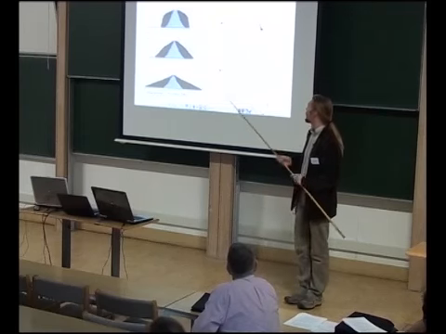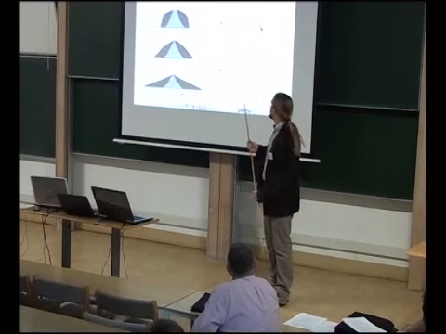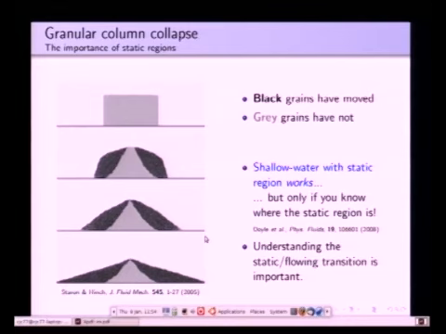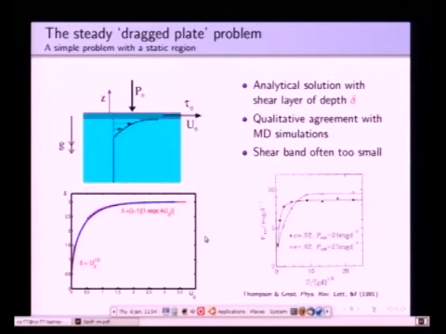Now, curiously, the shallow water models, if you apply them to something on this sort of topography, where you start with a static wedge and you say, well, let's have a shallow water flow over that, then that actually works quite well at predicting the runout, and that was done by Emma Doyle in Bristol. But of course, that's only if you know a priori the location of this static wedge, which is non-trivial.